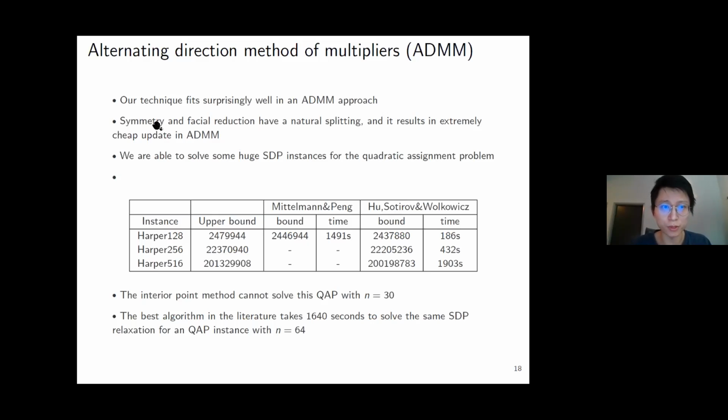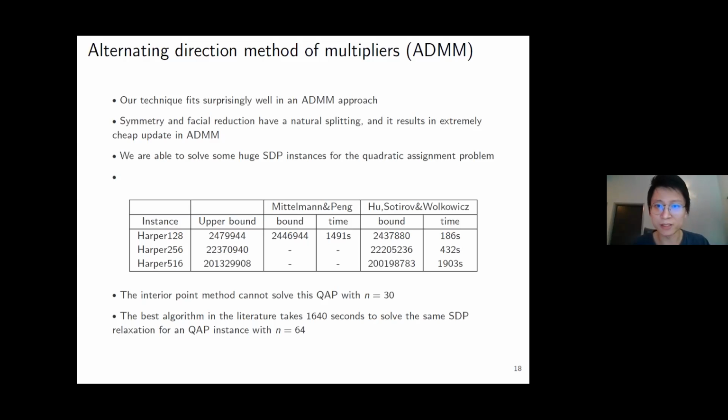Because after symmetry reduction and feature reduction, we have a very natural splitting of the variables. Recall that we replace the PSD constraint, x positive semi-definite, by the equation x equals V V transpose, where x and V are both variables.